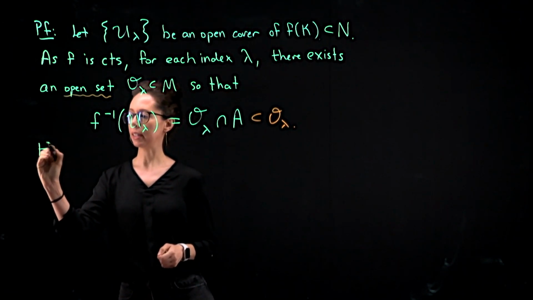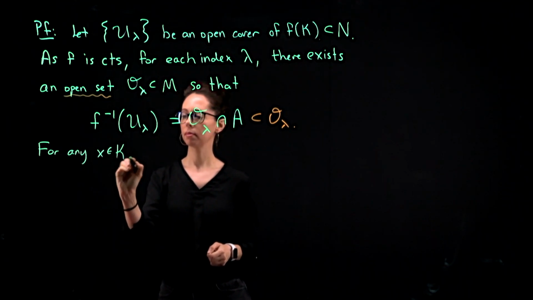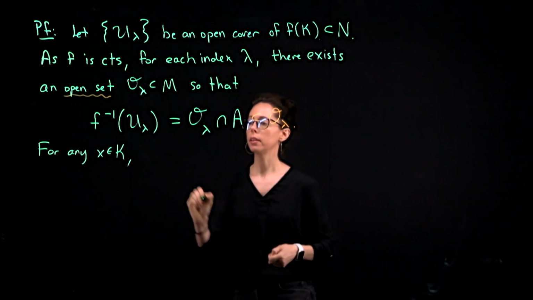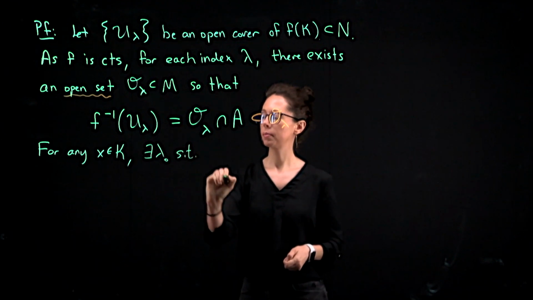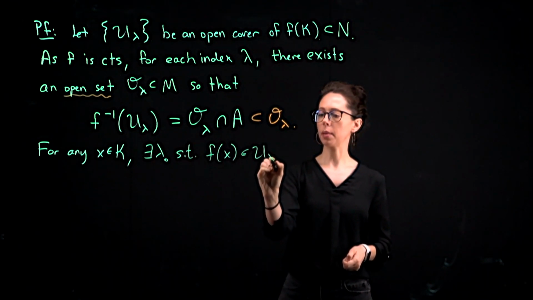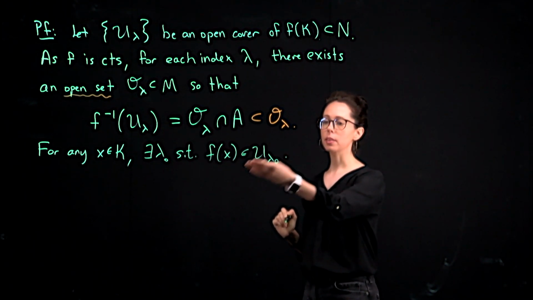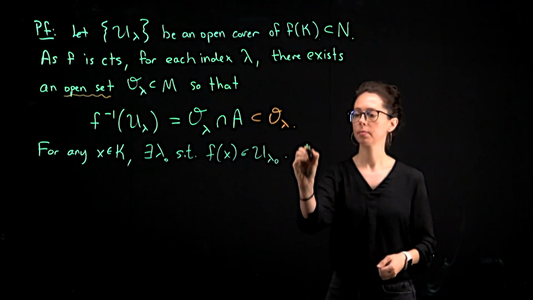For any x in K, f of x lives in some u sub lambda. So there exists a lambda naught so that f of x is an element of u sub lambda naught. Therefore, x is in the preimage of that, which is a subset of O lambda naught.